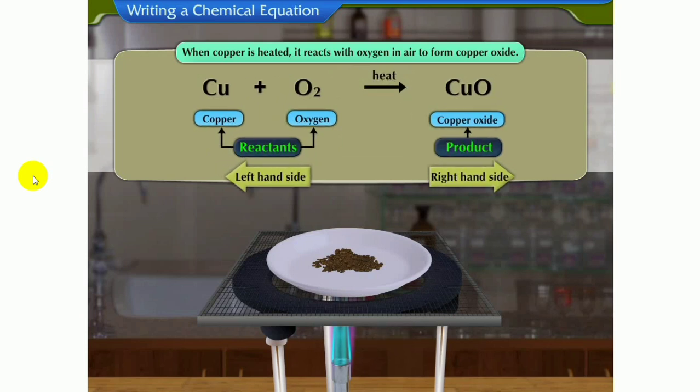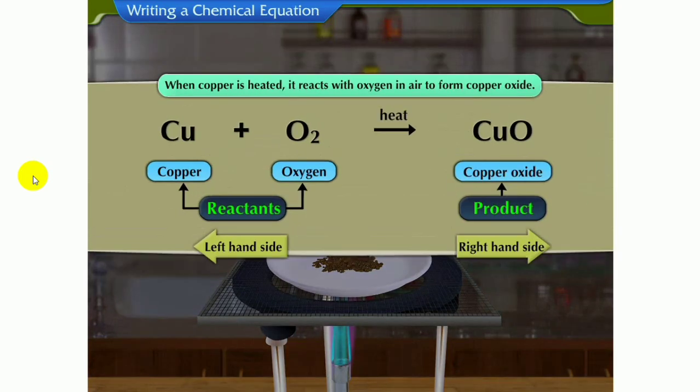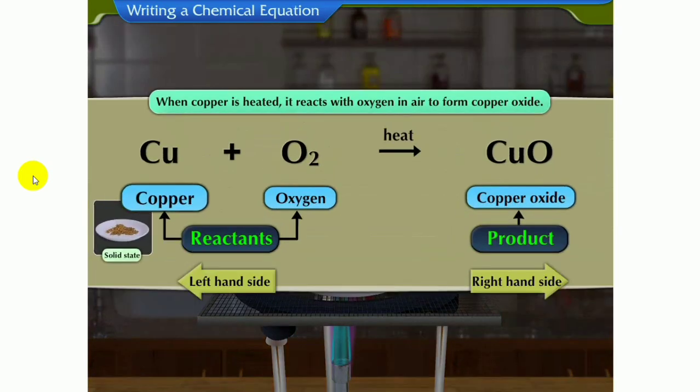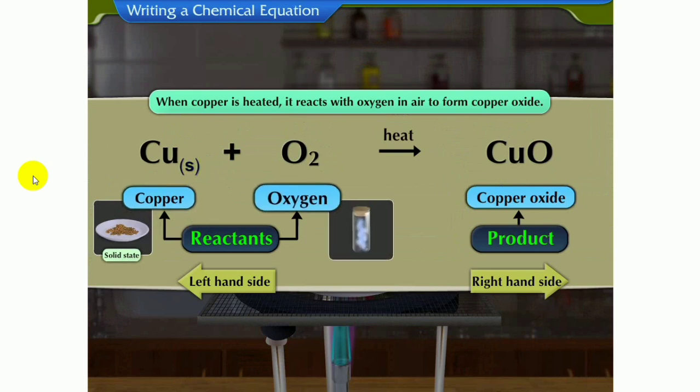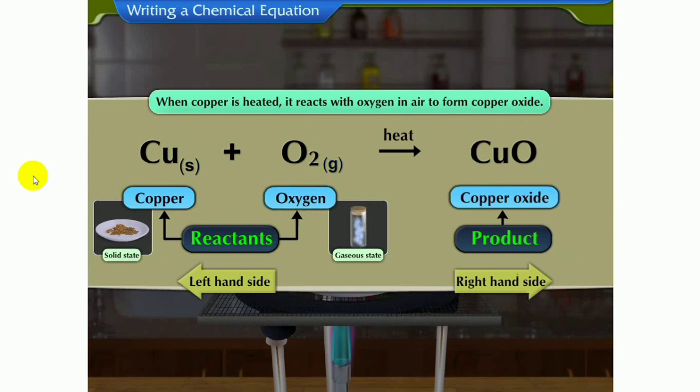The chemical equation can be made more informative by mentioning the physical states of the reactants and the products. Copper is in the solid state, hence the letter S in brackets is mentioned. Oxygen is in a gaseous state, hence the letter G in brackets is mentioned near the formula.